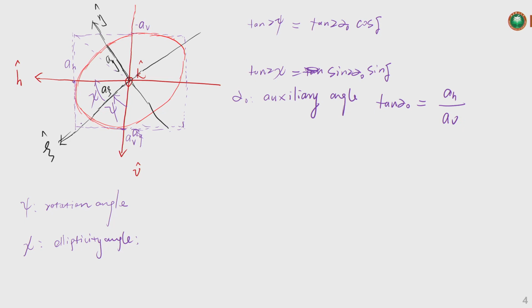This angle alpha node is not equal to psi. Now if the delta is 0 or pi, it becomes a linear polarization, right? So this is a formal expression for the polarization of the electric field. And if AV equals AH, then it becomes a circular polarization, also if delta is plus or minus pi over 2.